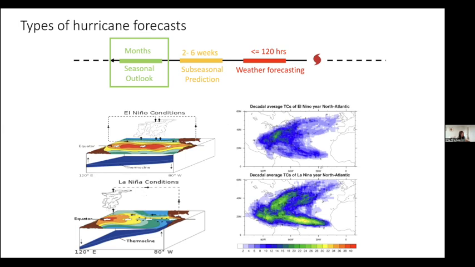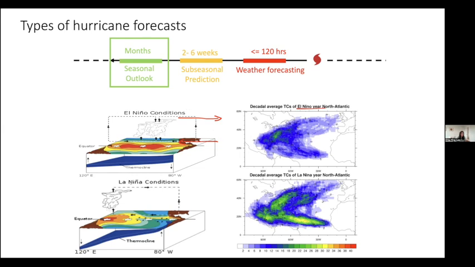For the Atlantic, during the El Nino condition, the warm pool moves more towards the east, and therefore it increases the wind circulation on the east. As a result, it increases the wind shear over the Atlantic area, and therefore it suppresses the hurricane activity in the Atlantic during the El Nino year.